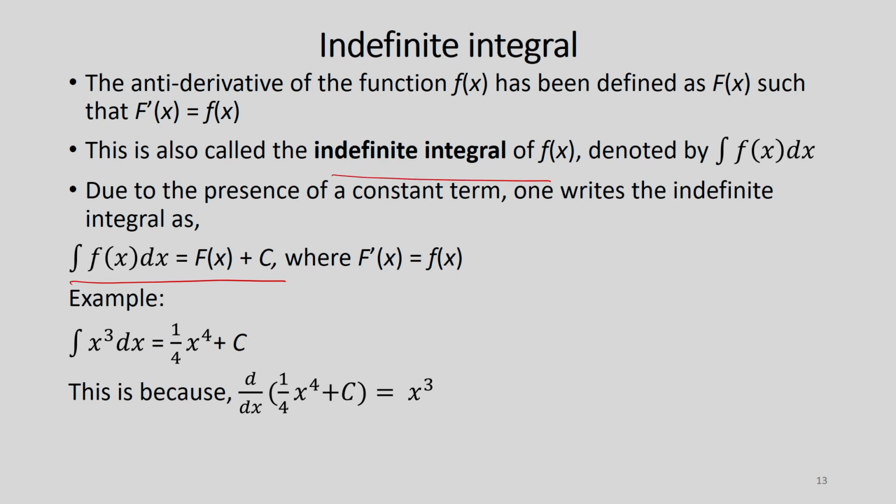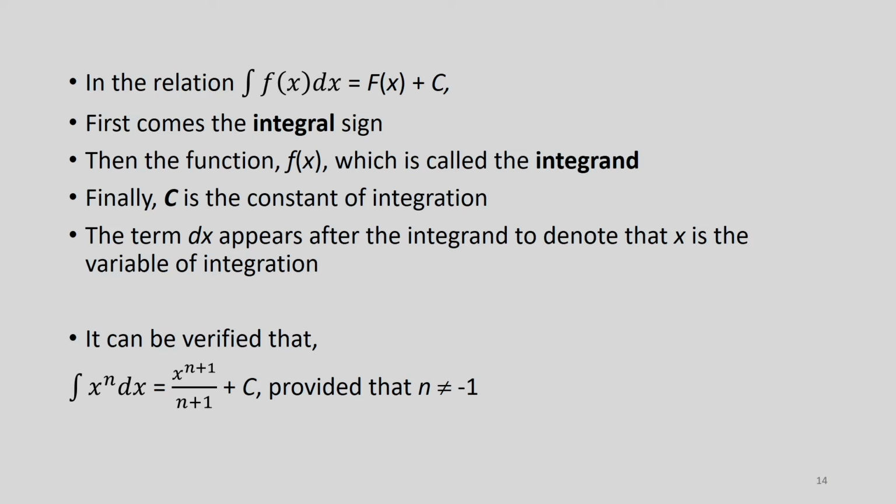Okay. And then we took one example where, let us suppose x cube, we have to find the integral of that, and we found that to be 1/4 of x to the power 4 plus c. And here is the conventional way we write it.